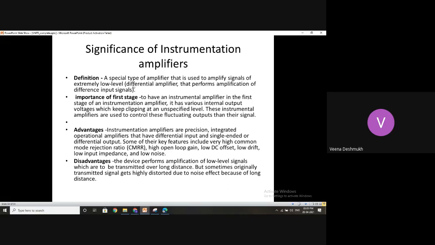So basically, as it consists of differential amplifiers, it is not only a single differential amplifier, it has different stages of differential amplifiers in it. And in each stage, the unwanted signals are clipped off or removed.